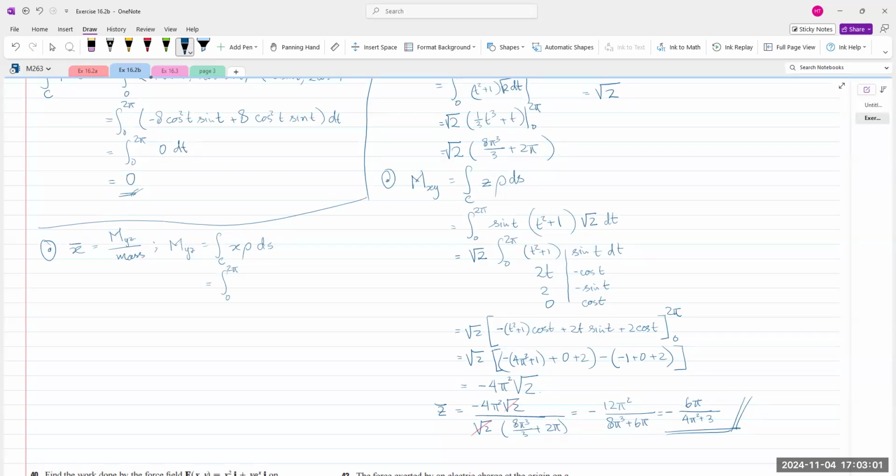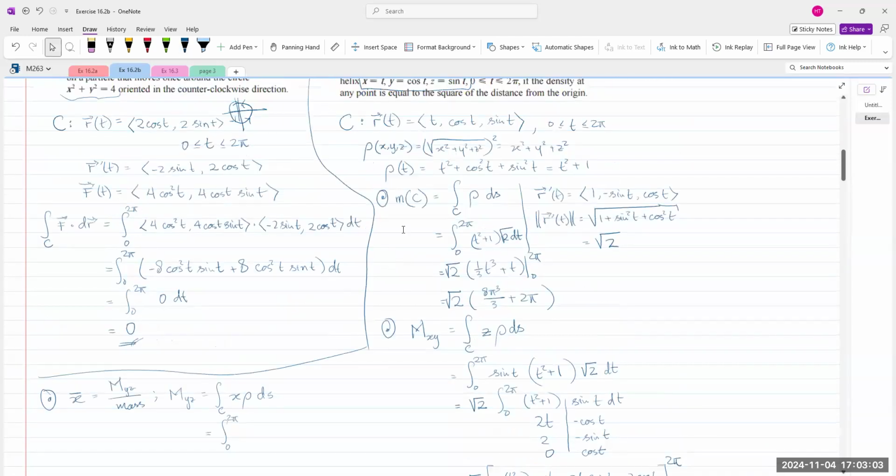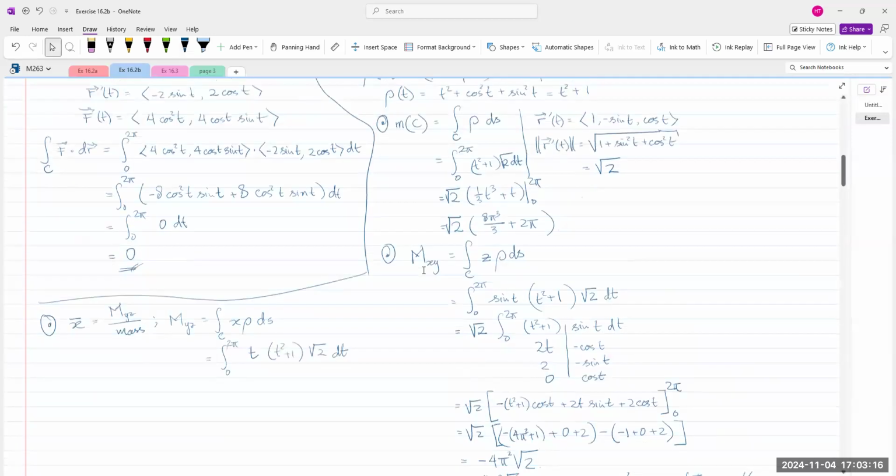Our x is t, as I remember. Our rho is t squared plus 1. Our ds is square root of 2 dt, right? Okay, so this will be square root of 2 integral from 0 to 2 pi of t cubed plus t dt.